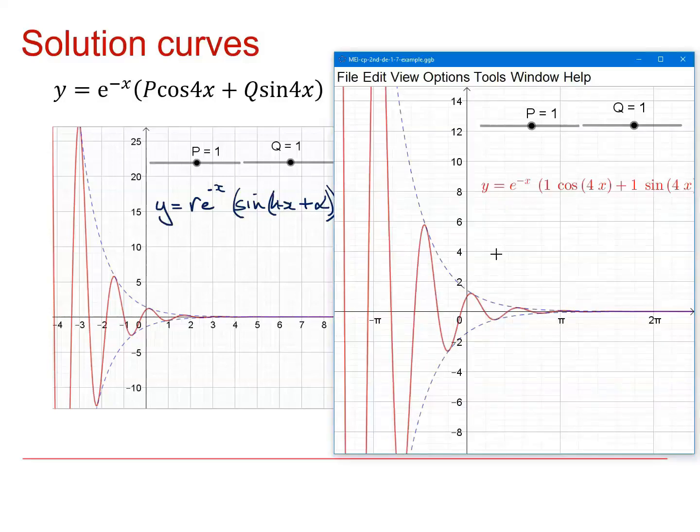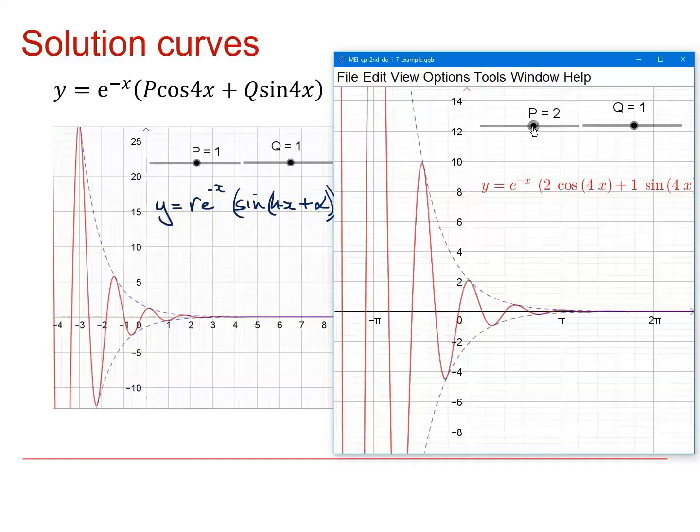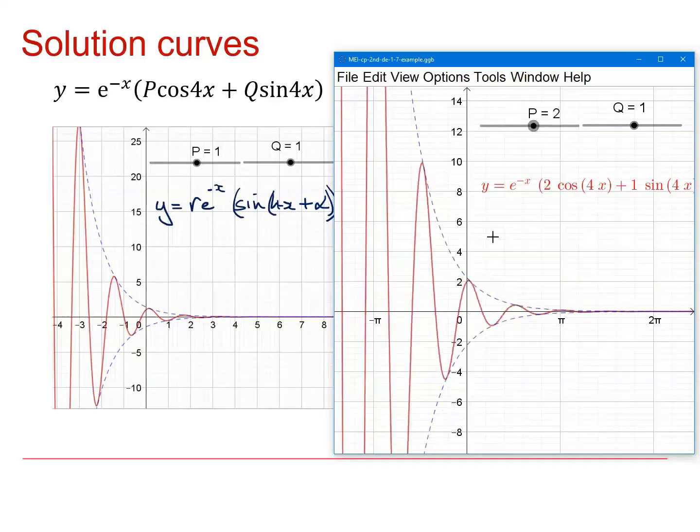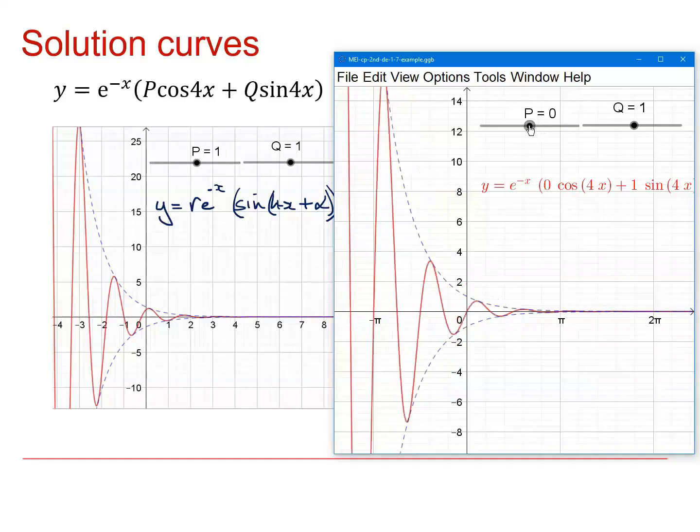Let's have a look at a dynamic plot for that. So as I alter the values of P and Q, I know that in fact all I'm going to alter is alpha and R. You can see that it still oscillates 4 times. We've got here 1, 2, 3, 4 troughs within the range minus pi to pi, and that suggests that it's oscillating 4 times over a 2 pi range.